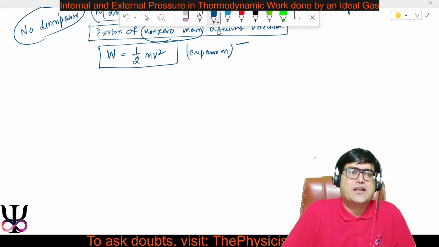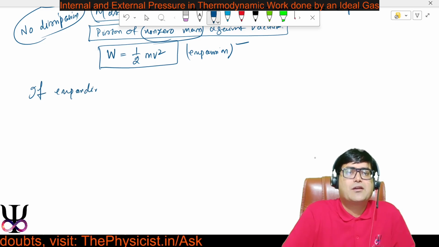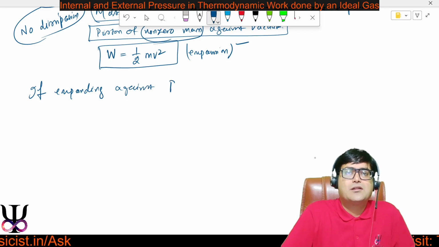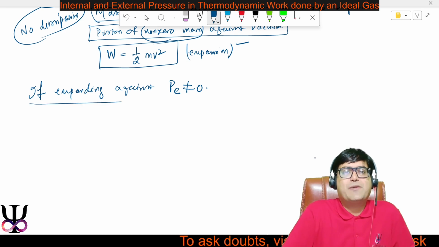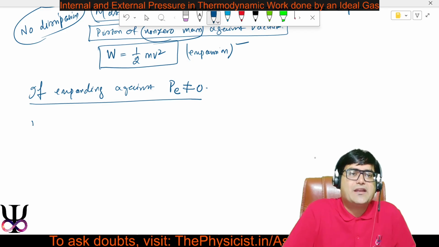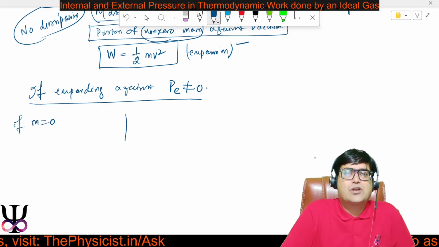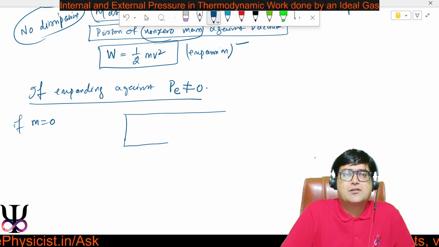Understand, if expanding against some external pressure that is not equal to zero, what do you do? Again, if the mass of the piston is zero, now let us look at this.